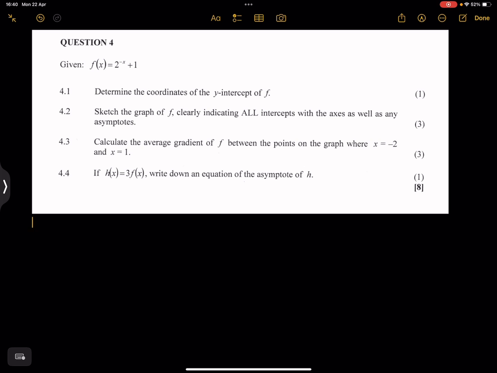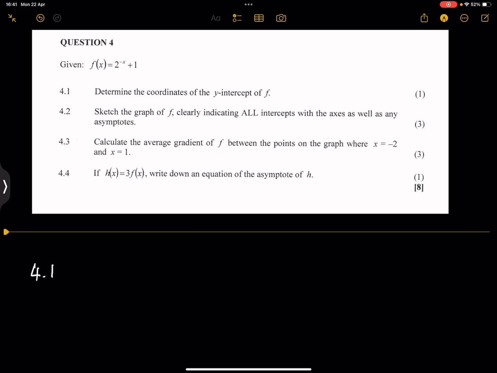They say, given f of x is 2 to the exponent minus x, plus 1, determine the coordinates of the y-intercept of f. So remember, how do we get the y-intercept? This is where x is equal to 0. So f of 0 would be equal to 2 to the exponent minus 0, plus 1.